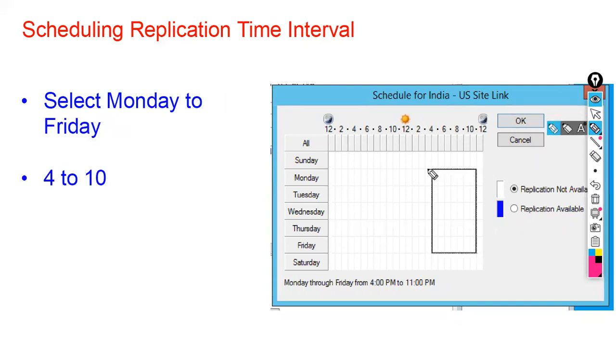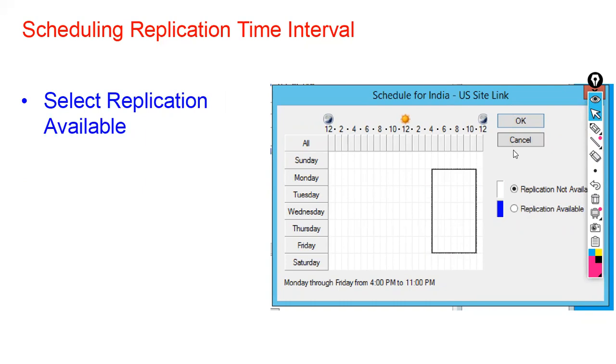Then you will select Monday to Friday, and the time, let us say it is from 4 to 11. So you will select the time here and you will select Monday to Friday, 4 to 11.